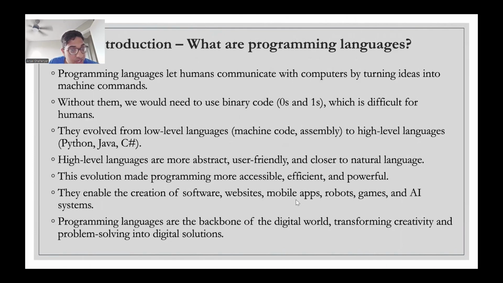This evolution made programming more accessible, efficient, and powerful. They enabled the creation of software, websites, mobile apps, robots, games, and AI systems. Programming languages are the backbone of the digital world, transforming creativity and problem solving into digital solutions.